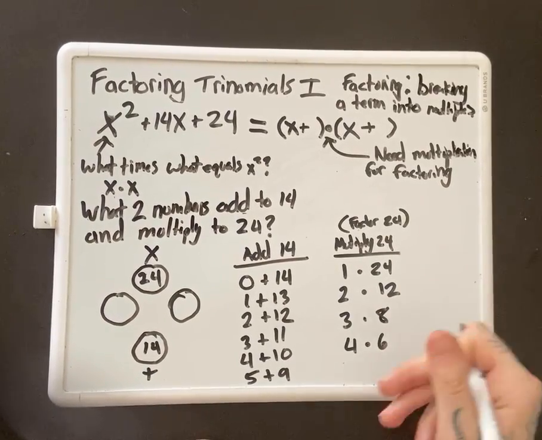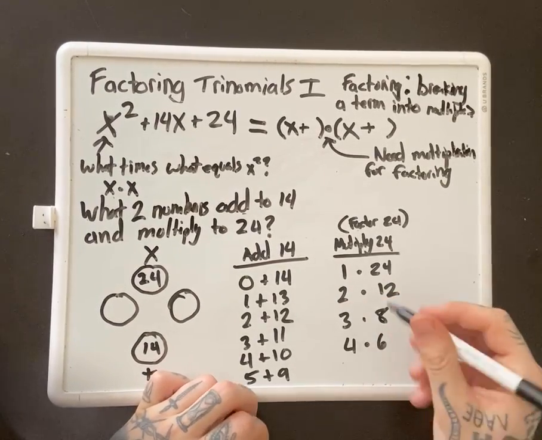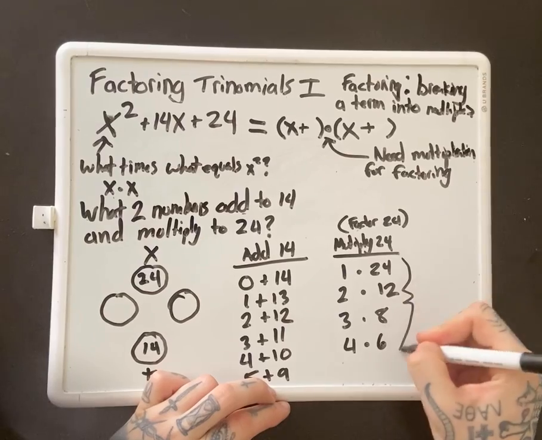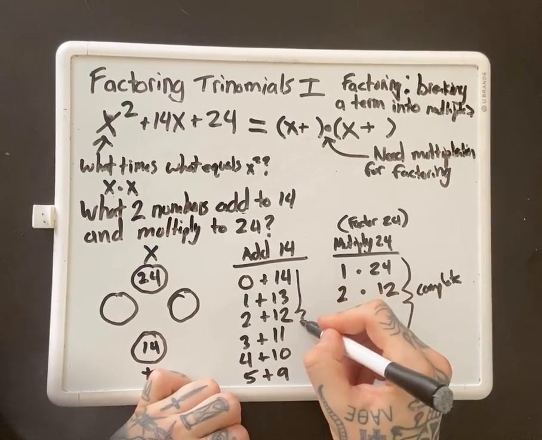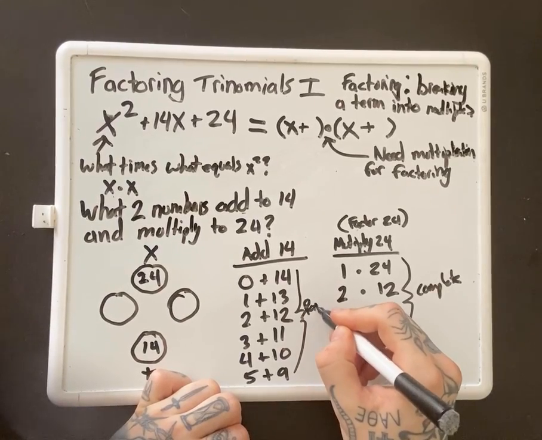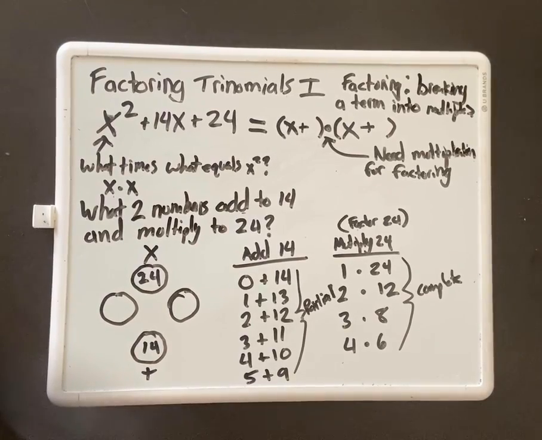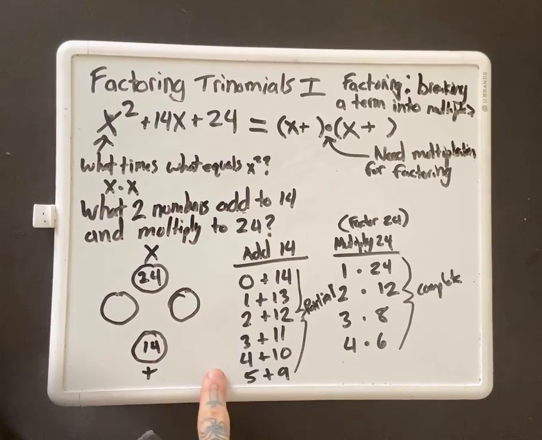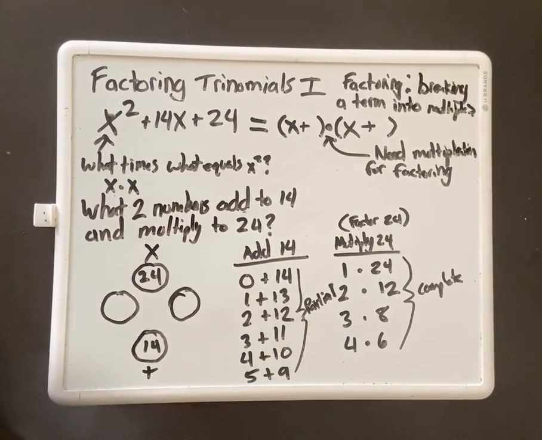So now we have a complete list, versus a partial list. I want to show you that because both ways are possible, but there are far more possibilities if you look for the adding one.